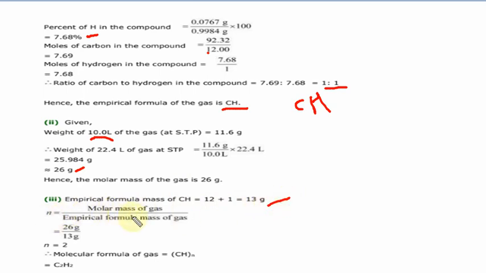And n is equal to the molar mass of the gas divided by the empirical formula mass. The molar mass we found from here is 26 grams, divided by 13 grams, and n is equal to 2. So the molecular formula is CH multiplied by n, that is C2H2.